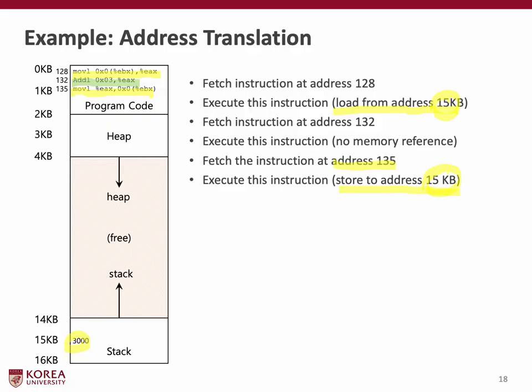So through these steps, the CPU repeatedly fetches and executes instructions, and each time a memory access happens, it goes through address translation to map the virtual addresses to physical addresses in memory. But here in this figure, we haven't actually seen the address translation yet, because these virtual addresses are not mapped to any physical addresses at this point.